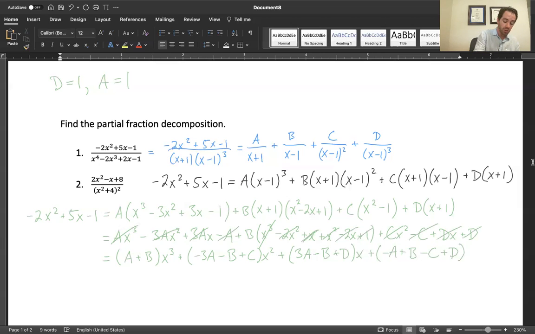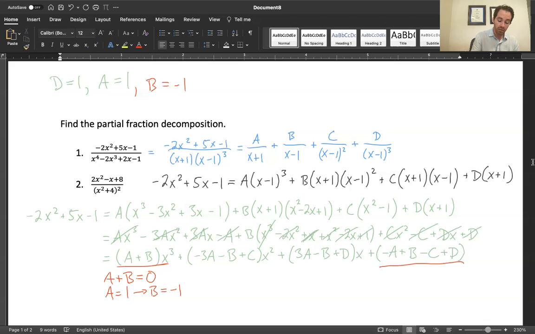So what this one tells me is that a plus b must be equal to 0 because there is no x cubed term on the left. I already know that a is 1. So b must be -1, and I can keep track of this up here. The only thing I have left to do is find c. And for that, I can go and consult with this.